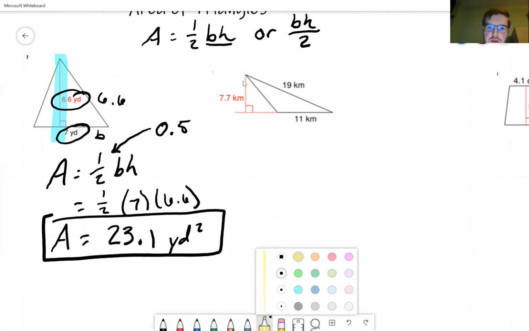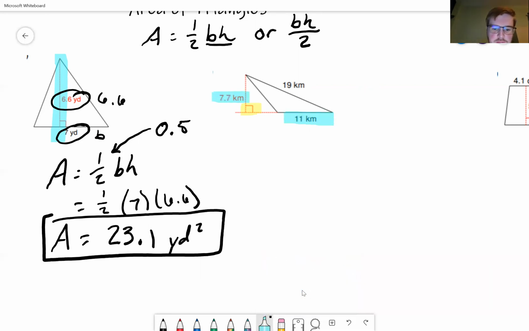On this particular triangle on the right, though, you'll notice that you've got this dotted red line out here to the side. Again, just look for that right angle symbol. That will connect your base to your height every single time. Base to height. All right, so again, that 19 kilometers, since it's not the base or the height, I don't need it. I don't have to use it.